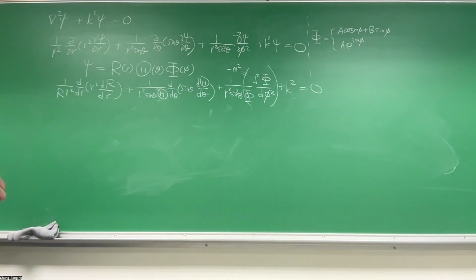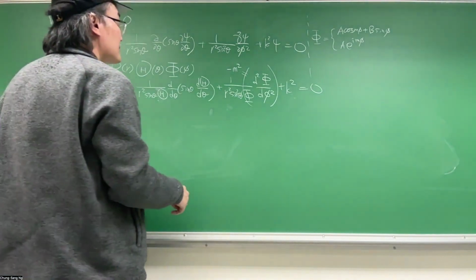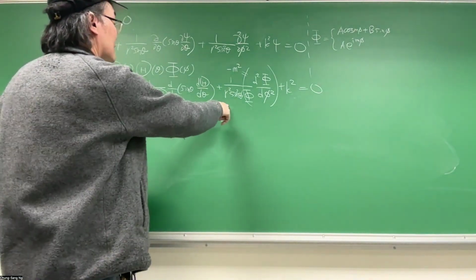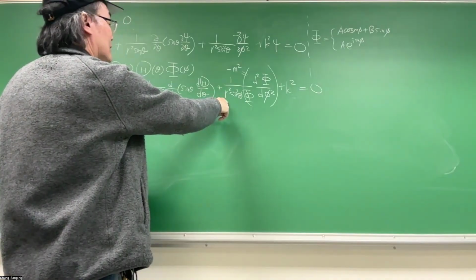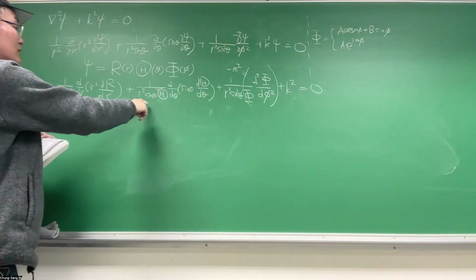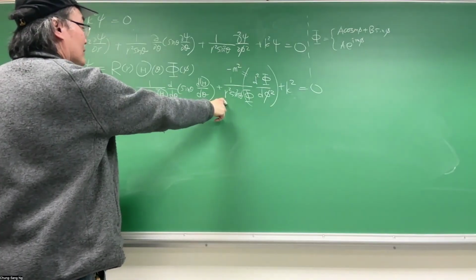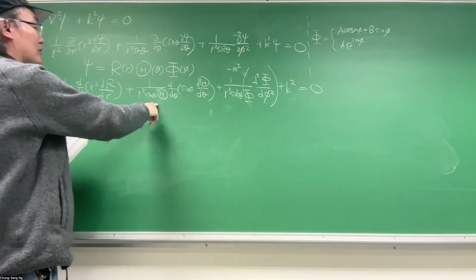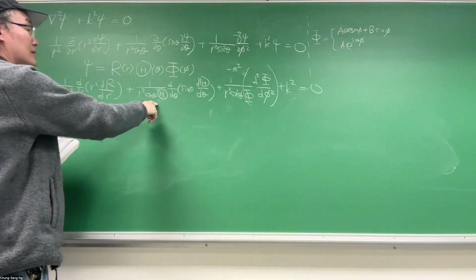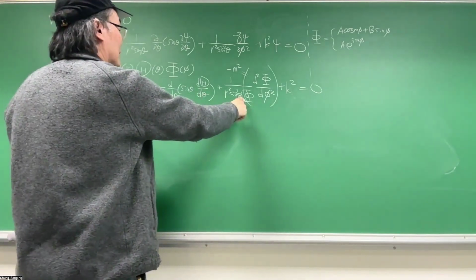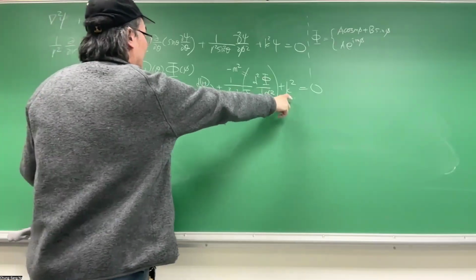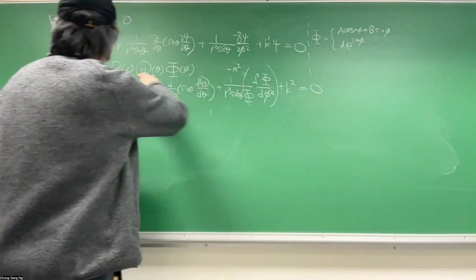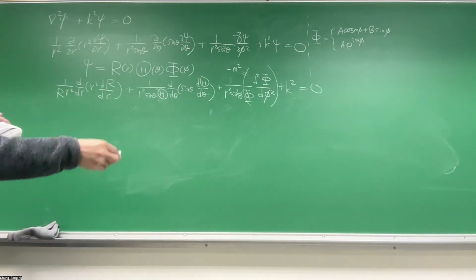And the next thing you can do is to get rid of the r squared, because all three terms have r squared, so multiply by r squared throughout, and this one will depend on theta, this one will depend on theta, and that one doesn't depend on theta.